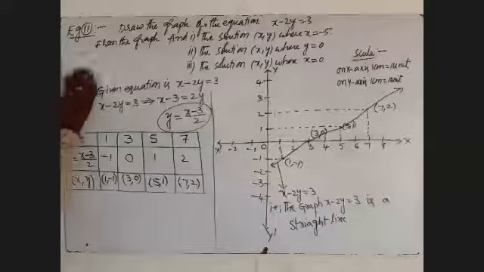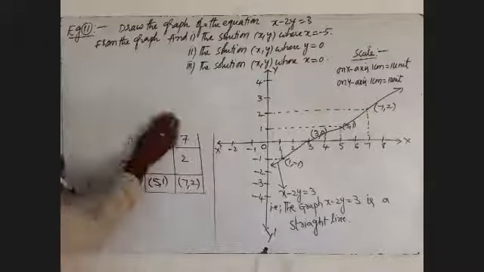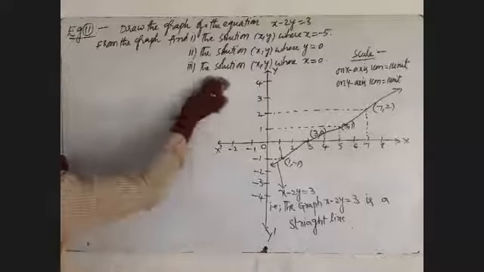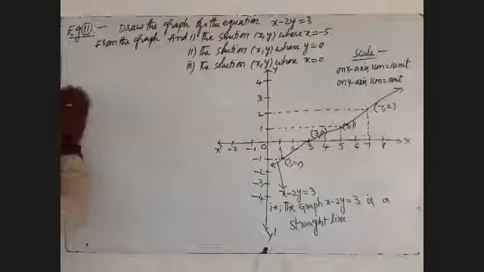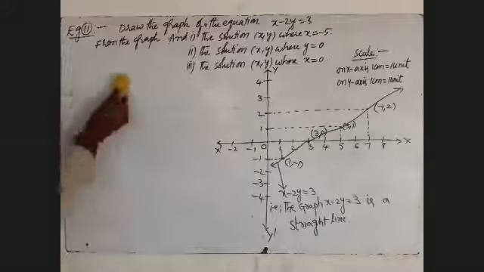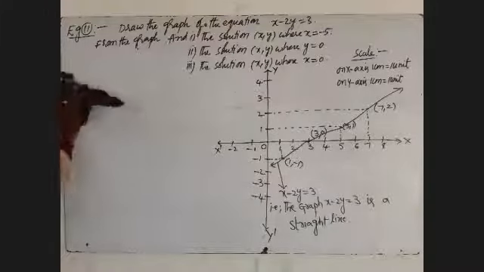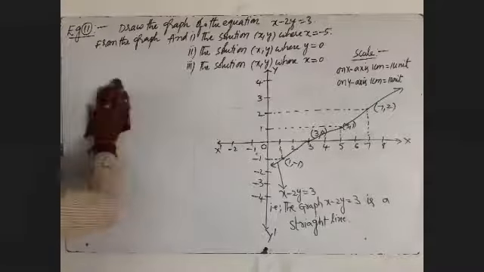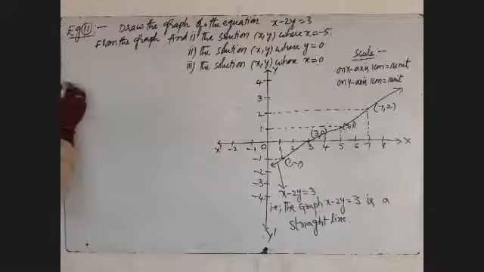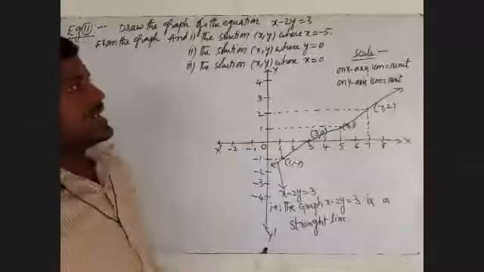Now I am going to the first problem. What I am asking in the first one is the solution of x comma y where x is equal to minus 5.